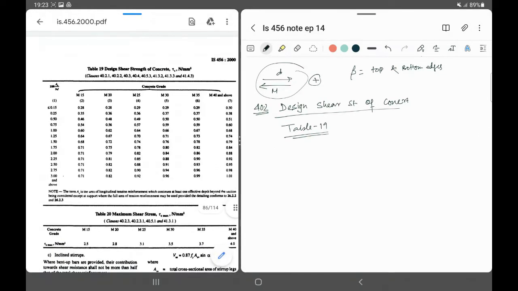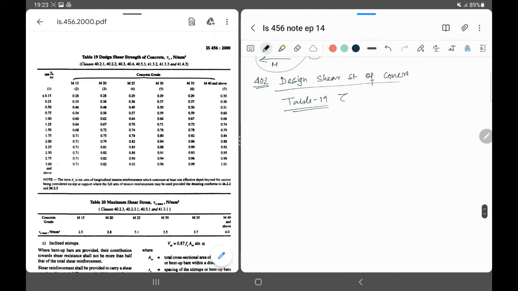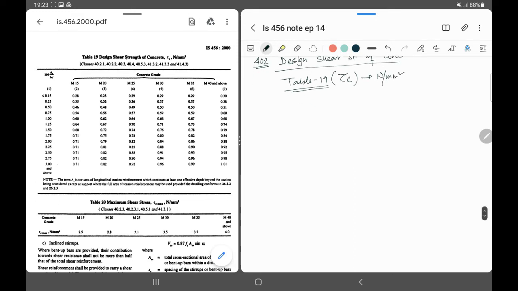This is your Table 19. Here, how we find tau c, this symbol is tau c, and the unit should be Newton per mm square. How will we find it? First, we have to find 100 As by bd. Here As means area of steel, b equals breadth, and d equals effective depth.